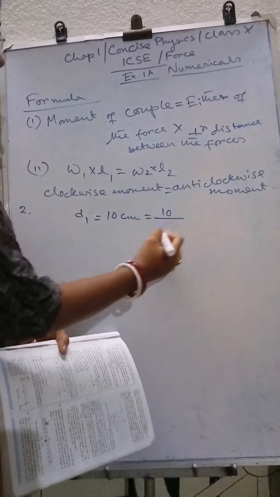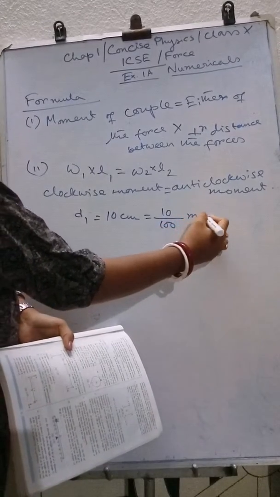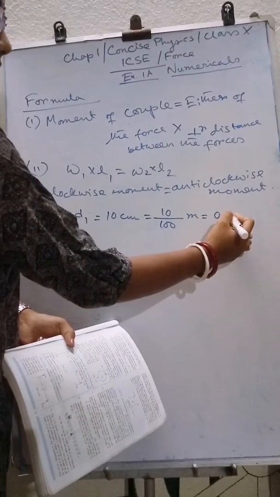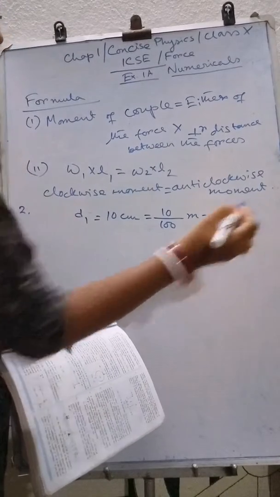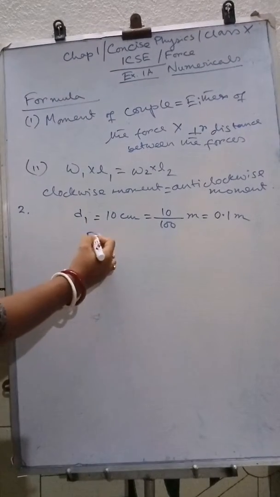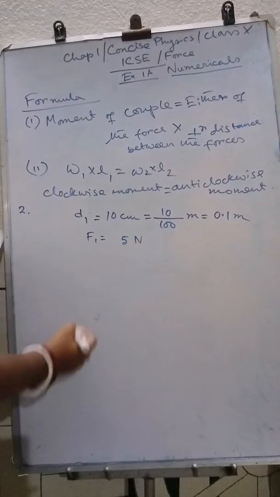So we divide 10 by 100 to convert it into meter. That means 0.1 meter. And now the force is given as 5 Newton.